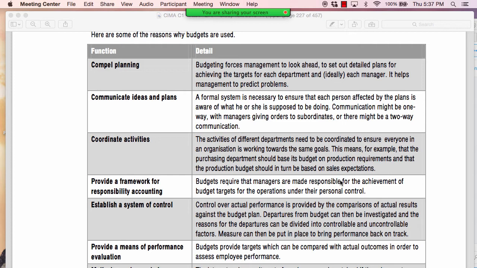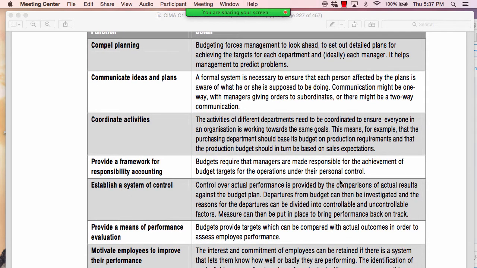A budget is generally a 1 year budget, 2-3 year budget, 5 year budgets as well. What it does is it compels planning. It forces people in the organization to think way beyond 1 day or 1 week, because they have to get out of their operational activities and think, what are we going to do next year?